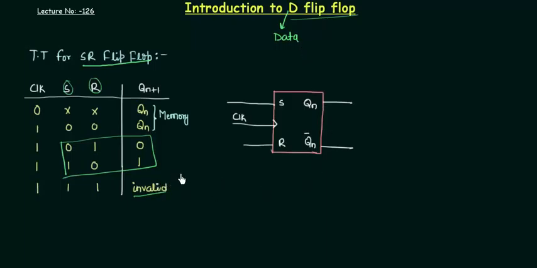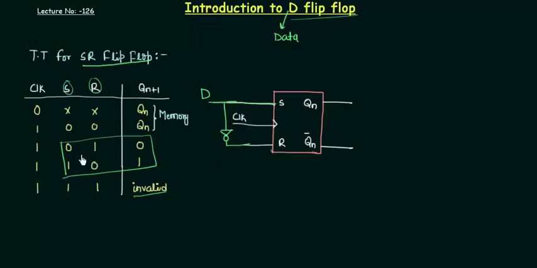So what we have to do to convert this SR flip-flop to a D flip-flop is, let me extend this input. I will take this input, use an inverter, and give the output of the inverter to R, and this input I will call D. So now you can see that when D is 0, it means S is 0, I will have R as 1.